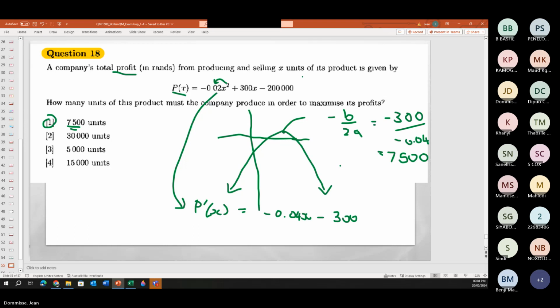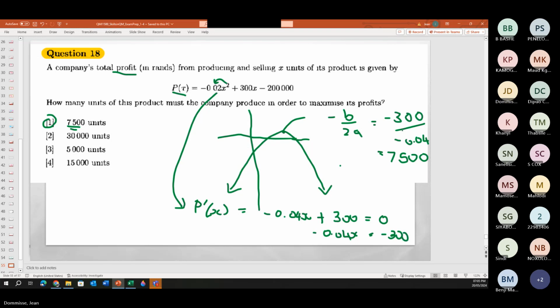When we differentiate a constant, the constant will disappear. So when we maximize, that must be equal to 0. Sorry, that's a plus. Minus 0.04x will be equal to minus 300.